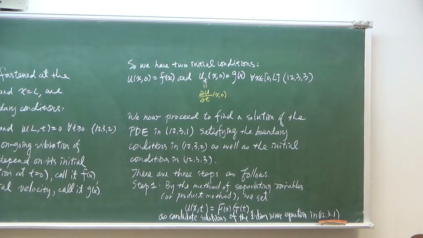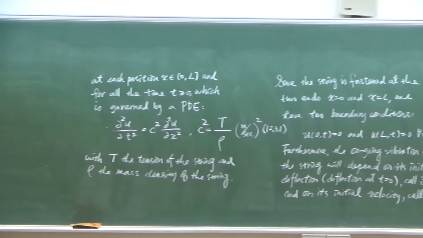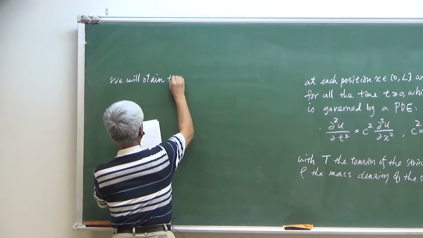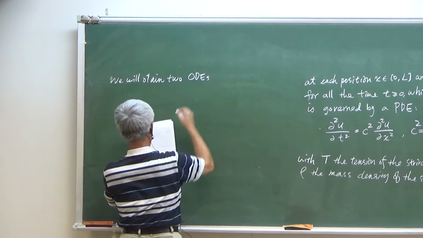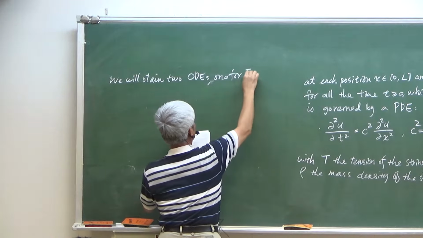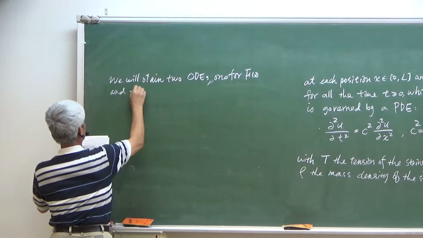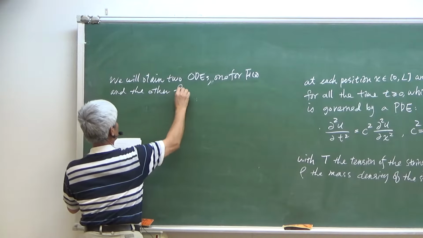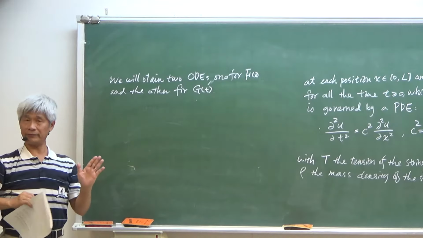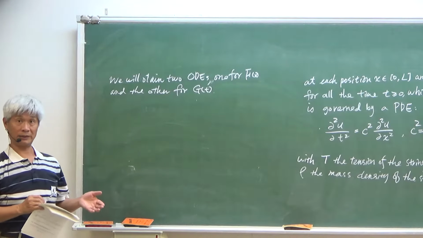Okay, and we will obtain two ODEs, one for capital F and the other for T. Okay, so now, we have a lot of experience in solving ODEs already, right?